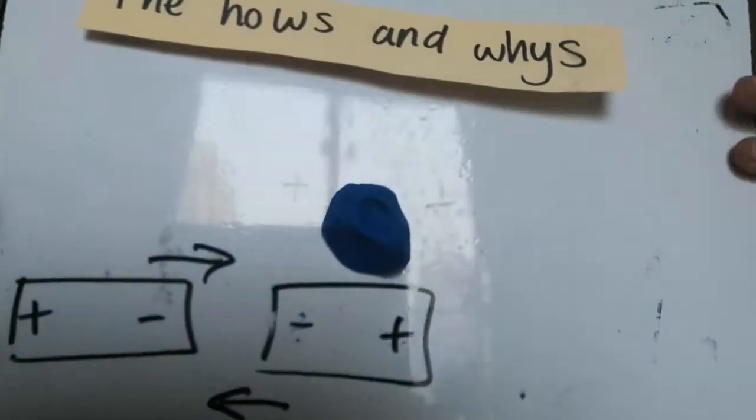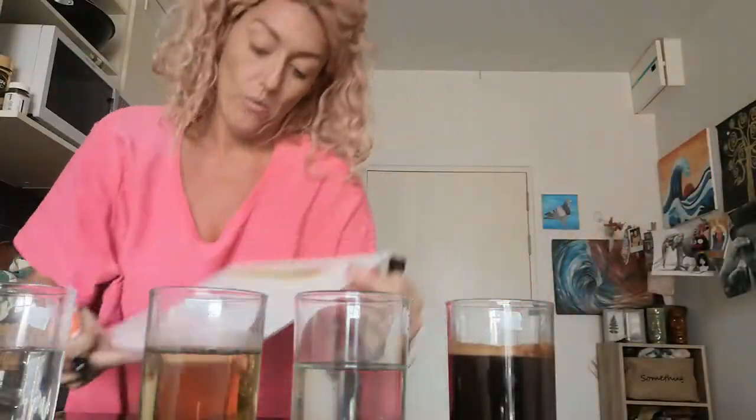If you put a negative end next to a negative end, can you see there? Look, I've changed it now. So a negative end next to a negative end, they won't attract. They'll try and get away from each other. Okay? So they're going to try and go apart now, not together.